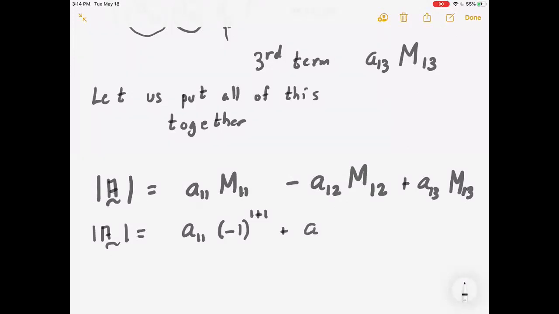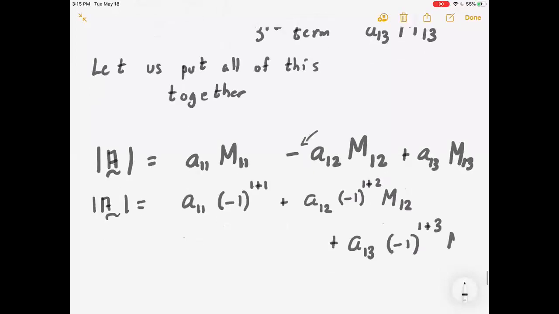Well, it's useful because if I take minus 1 and raise it to the 1 plus 2 power, the sum of the subscripts of the matrix element, I get a minus 1, and that's this minus sign. And I still have the same minor, M sub 1,2. In my third term, I have a sub 1,3 times minus 1 raised to the sum of 1 plus 3. That's going to give me a positive sign.